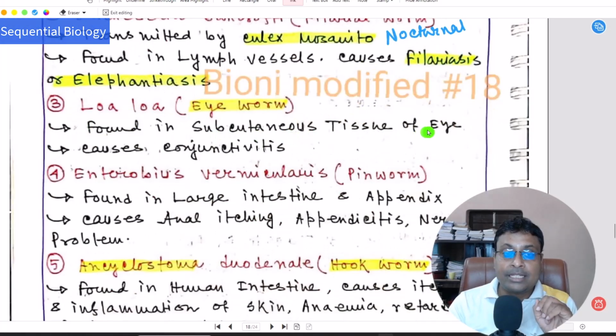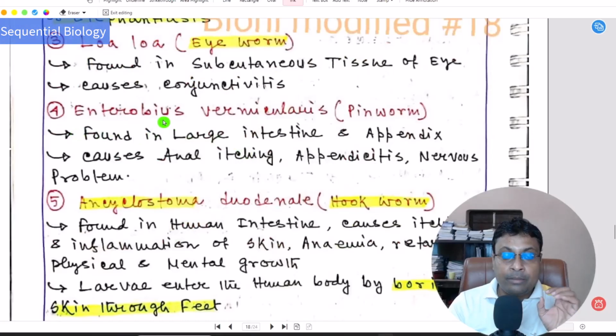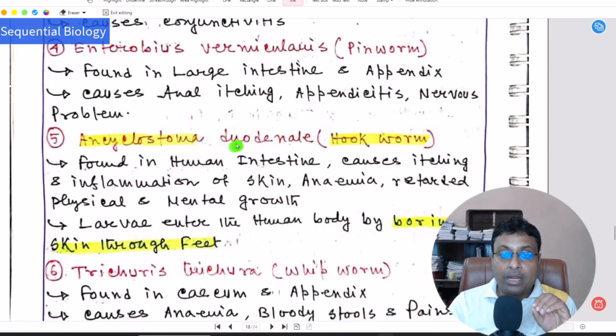And the third one is Loa loa, which is also known as eye worm, found in the subcutaneous tissue of the eye and causes conjunctivitis. The fourth important representative of this phylum Nematoda is Enterobius vermicularis, also known as pinworm, found in the large intestine and appendix, and causes anal itching, appendicitis and nervous problems. And Ancylostoma duodenale, which is also known as hookworm, is found in the human intestine and causes itching and inflammation of the skin, anemia and retards physical and mental growth.